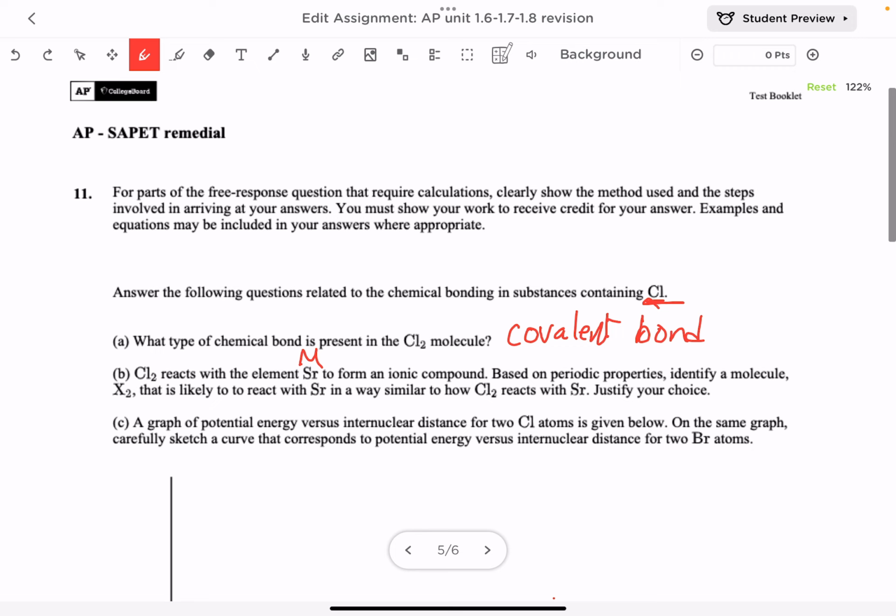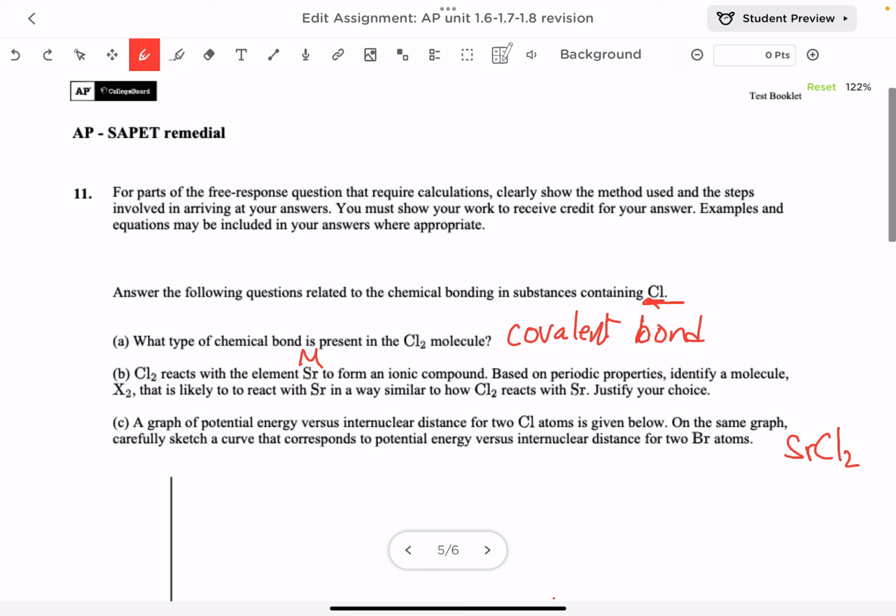So Sr, when it reacts with Cl, we will obtain SrCl2.